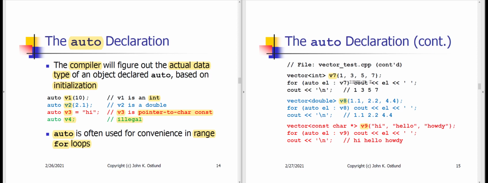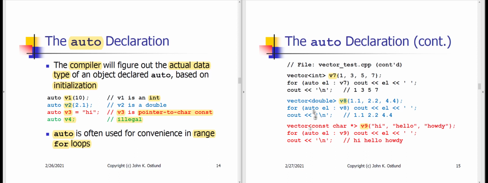And in my range for loops, I'm just saying for auto EL, all right, since v7 is a container of ints, EL here is going to be an int. In the next range for loop, since v8 is a container of double, EL is going to be a double. And in the third range for loop, since v9 is a vector of pointer to char const, EL will be a pointer to char const.